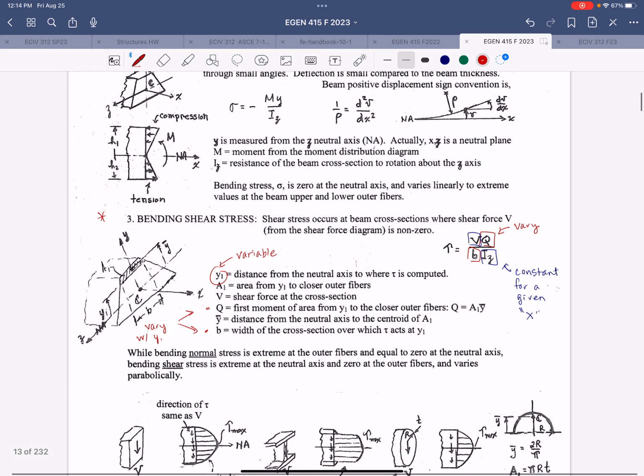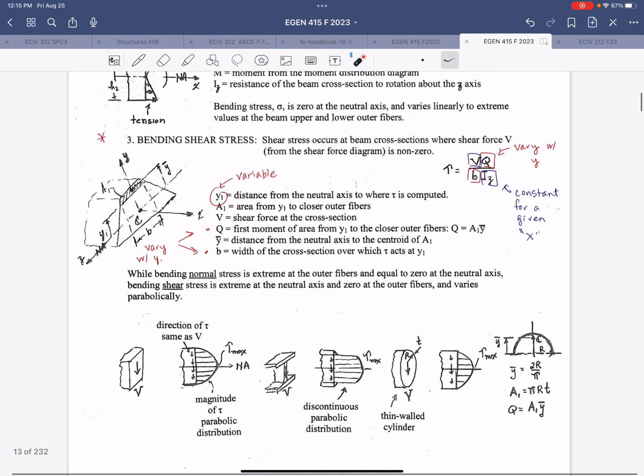I'd say this varies with y, because B is the width of the cross-section material. If the cross-section is not symmetric, or I guess this is symmetric, but you know what I mean, if the cross-section is not like a rectangle or a square, then B can change with depth.